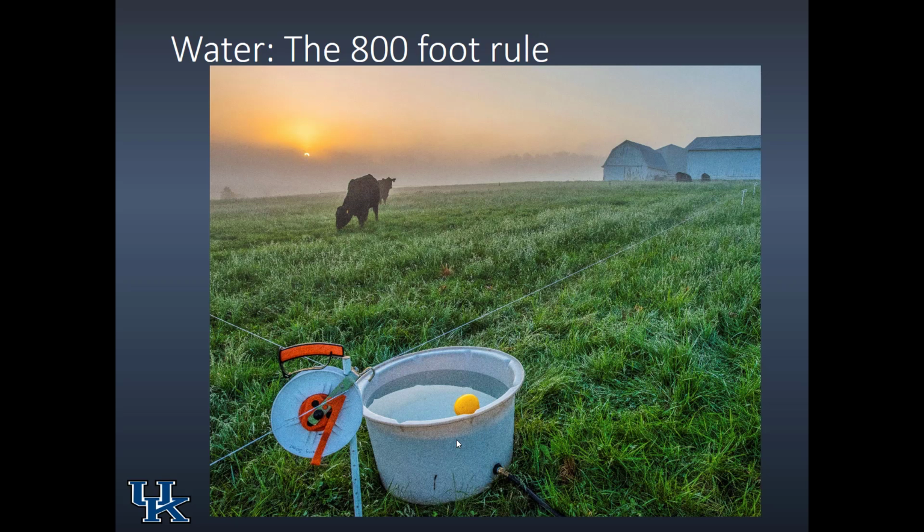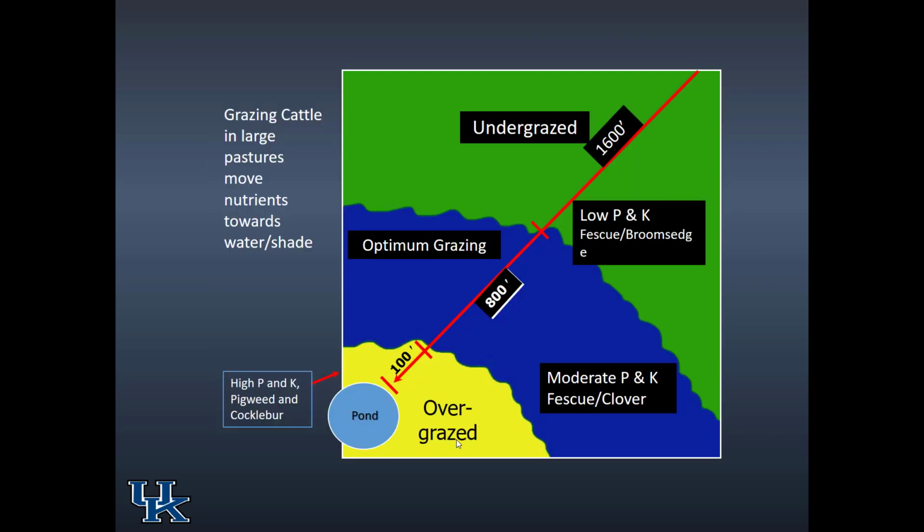This rule was quantified by Jim Garish at the Forage Systems Research Center up in North Missouri. What he found we call the 800-foot rule, and this is what it looks like. When you have grazing cattle in large pastures, they move nutrients towards the water and the shade. In other words, they have some areas where they overgraze, some where they optimally graze, and some undergrazed areas.